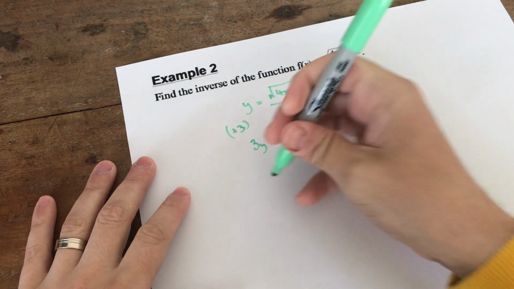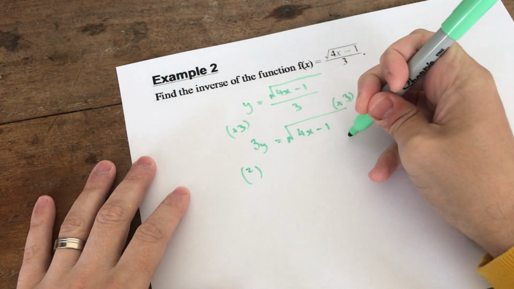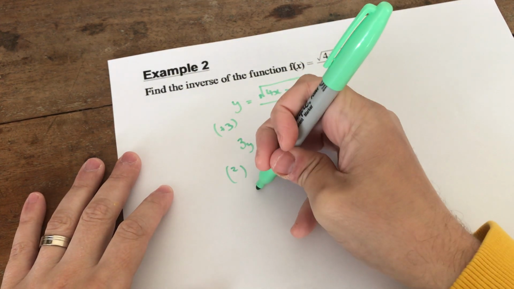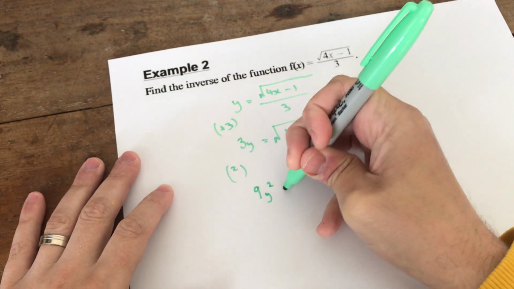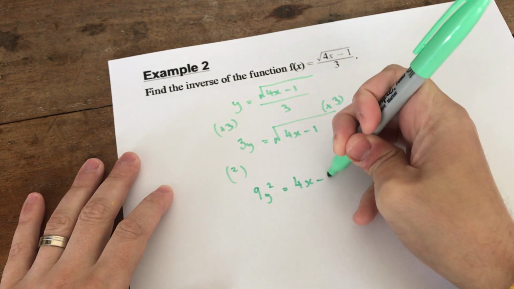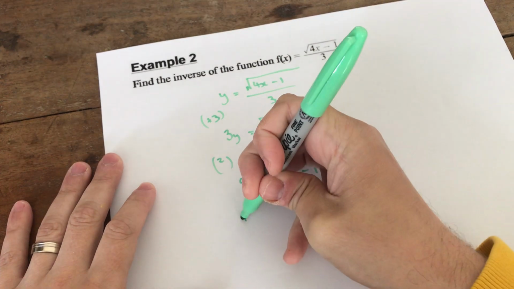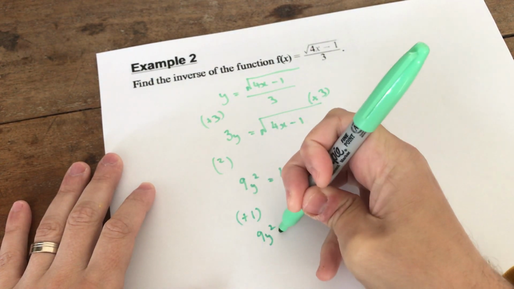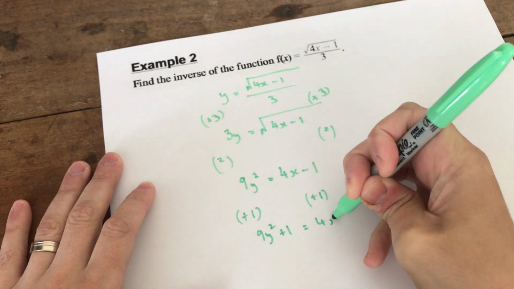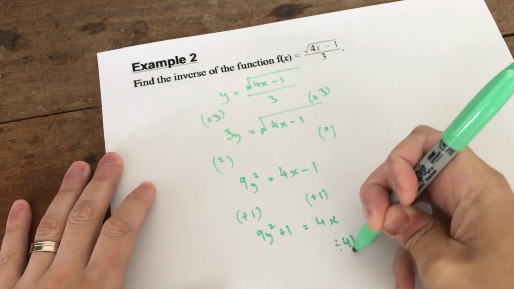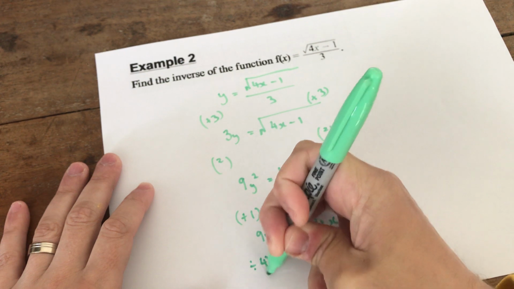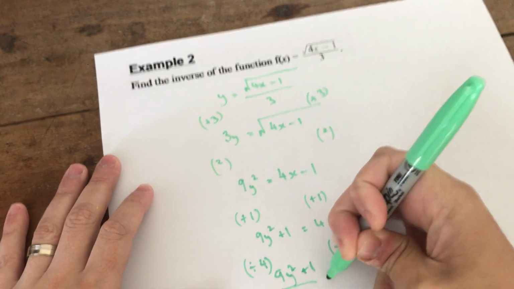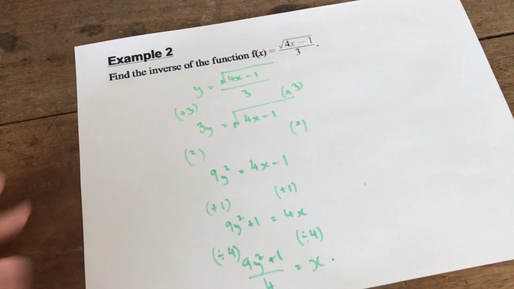Now I want to get rid of the square root, so I'm going to square both sides. If I square both sides, I get 9y squared here, and I get 4x minus 1 here. Then I add 1, so 9y squared plus 1 equals 4x, and I divide by 4. And I've got 9y squared plus 1 all over 4 equals x.